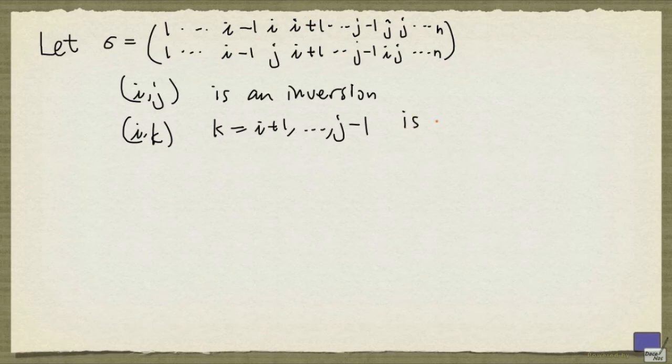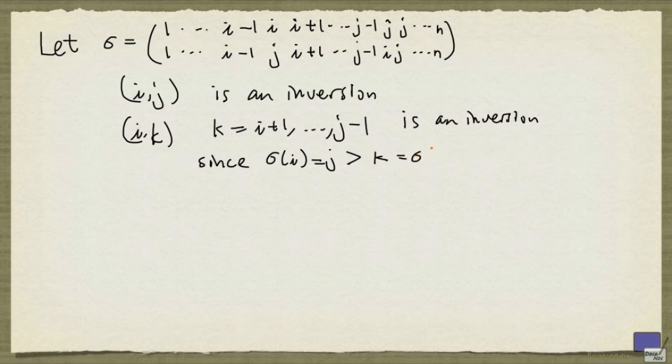So this is an inversion since sigma(i) is equal to j, and that's bigger than k, which is sigma(k), when k is from i plus 1 to j minus 1.